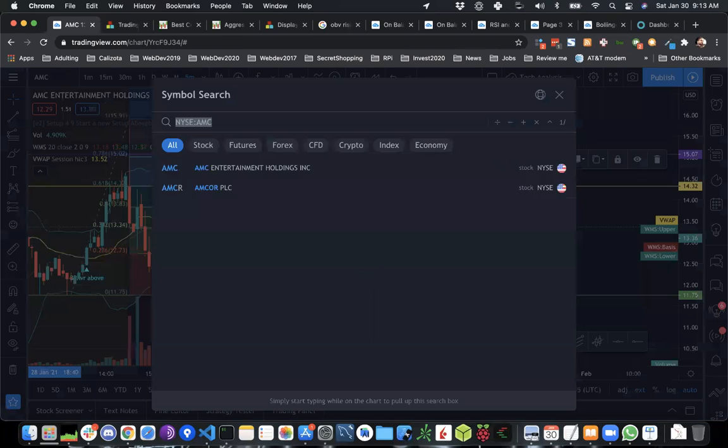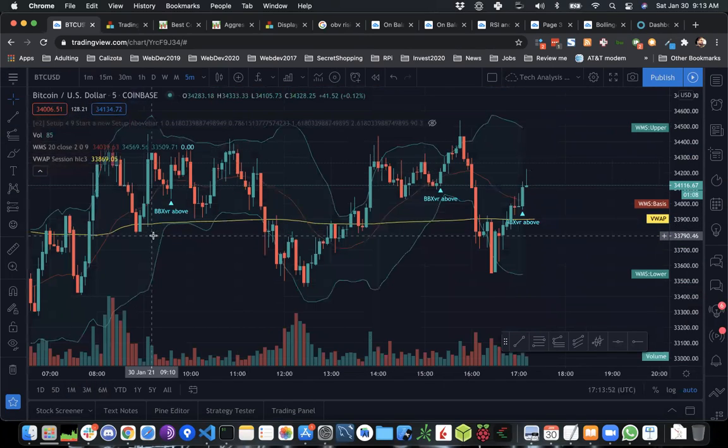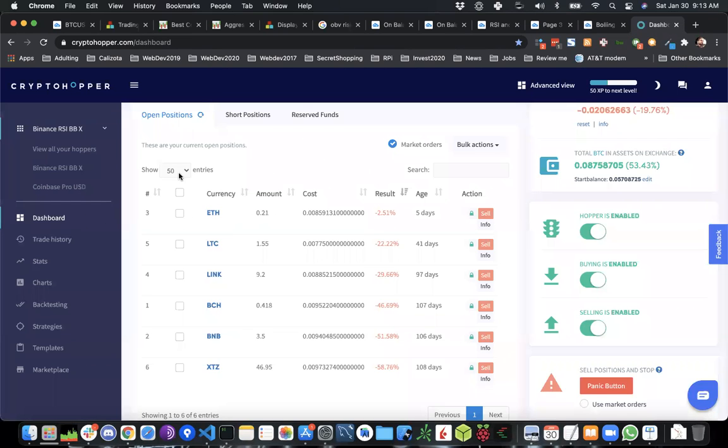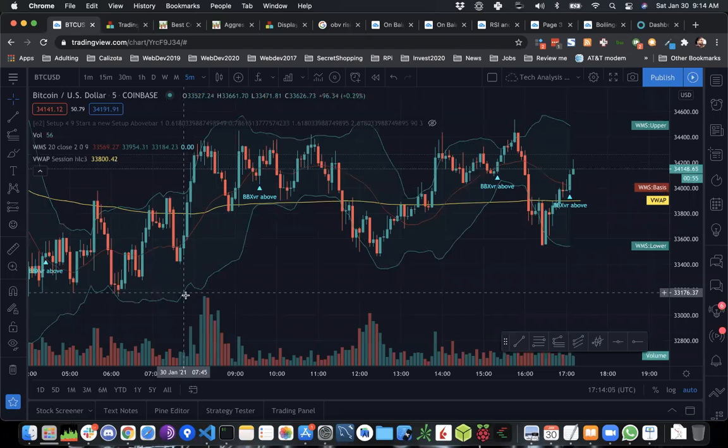Let me pull up BTC/USD. Oops, not that one. Okay, so Coinbase is fine, but the price of Bitcoin is going to go up and down, and the price of the other coins is going to fluctuate on its own.